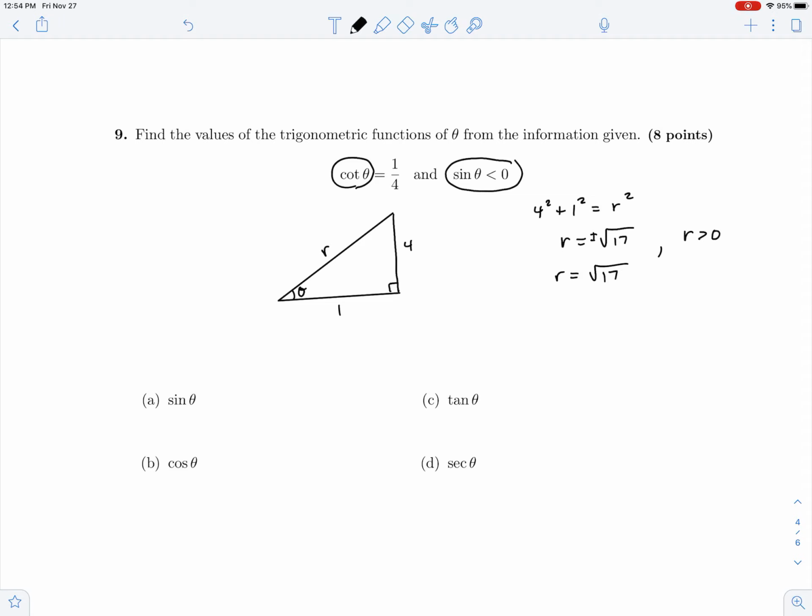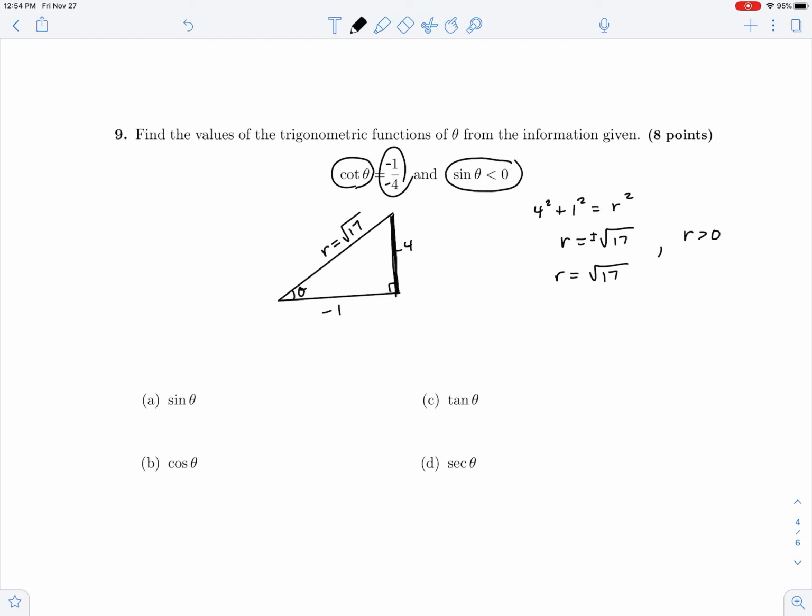But we also need to talk about this right here. If sine is less than 0 and sine corresponds to the height, then that means this one's negative. And in order for the cotangent to be positive, they both have to be negative. So that way it's negative over negative, which still gives us positive. And then the radius, you always want to choose a positive distance for the radius.